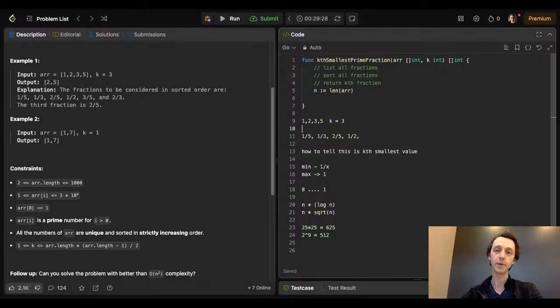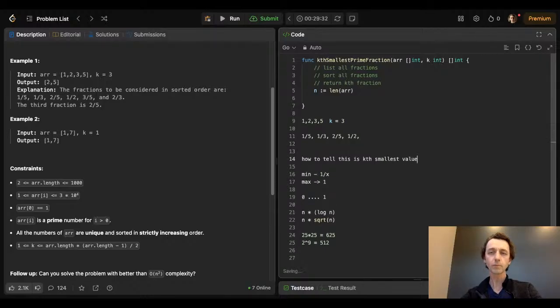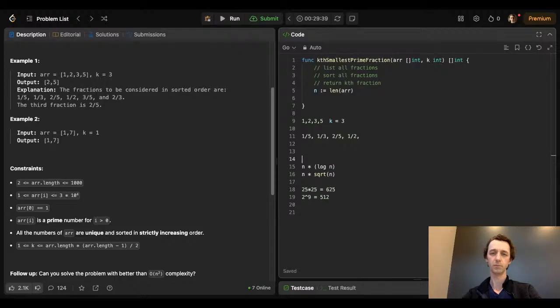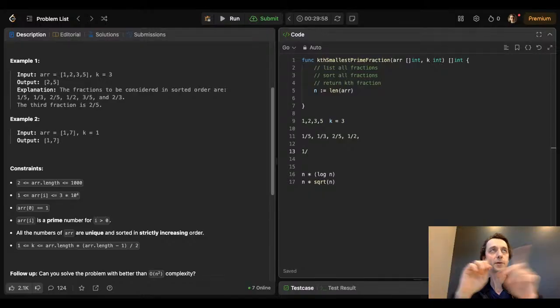So when we are building our pairs, if we were to take, let's say, 1, and instead of just iteratively going over the rest of the numbers, we will do a binary search among them.